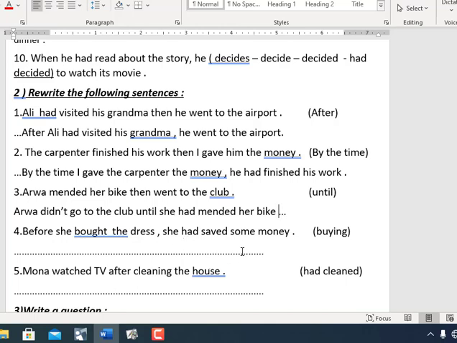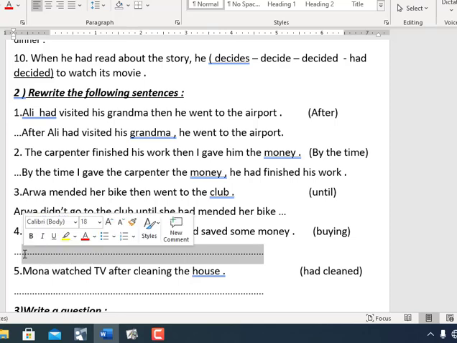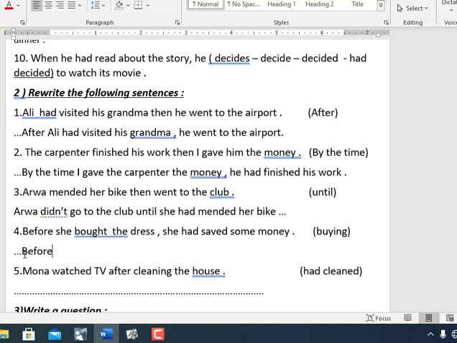Before she bought the dress, she had saved some money. So use buying, as I already told you before. Cancel the subject and write the verb in ing. Buying the dress, she had saved some money.